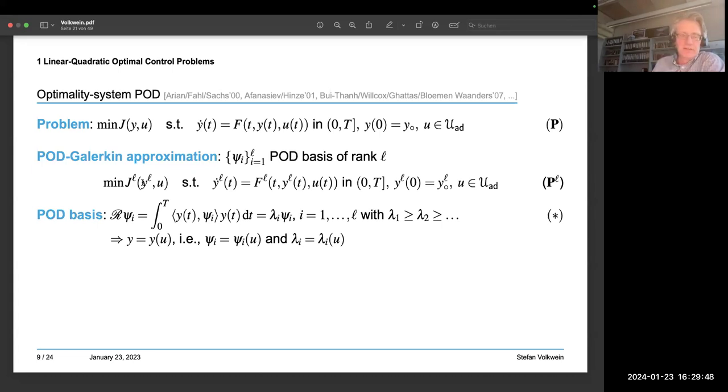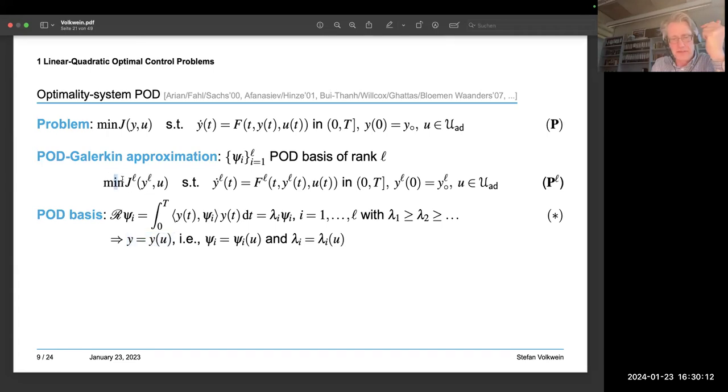Okay, this sounds maybe nice because now the basis is directly related with the control problem or with the optimization problem. But there's something which confuses me a bit, because to get this, there is this here. So which means the problem is more complicated than the problem we had at the beginning.